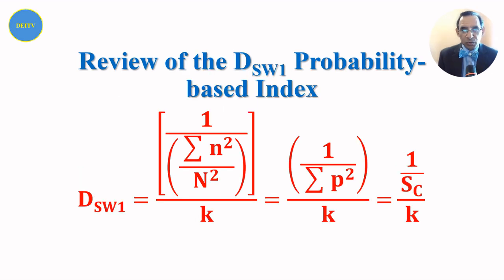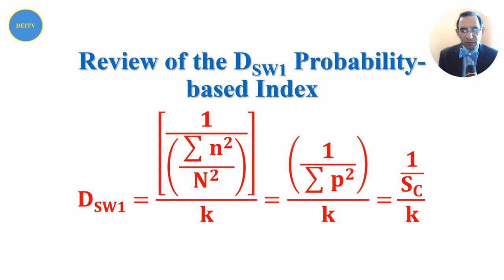In episode 2, which was posted last week, I covered the Smith & Wilson probability index and also the Smith & Wilson logarithmic index. This slide is a summary of the review of the Smith & Wilson probability-based index, and it's going to be 1 divided by the Simpson concentration index. Once you get that product, you divide that by the number of categories, which is k, and that gives you the Smith & Wilson probability-based index.